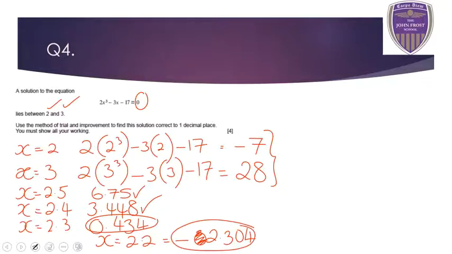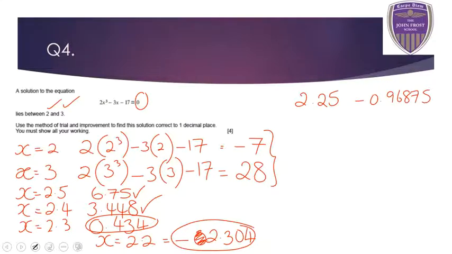So the solution is between 2.2 and 2.3. So if I just do 2.25, which is the midpoint, I get minus 0.96875.